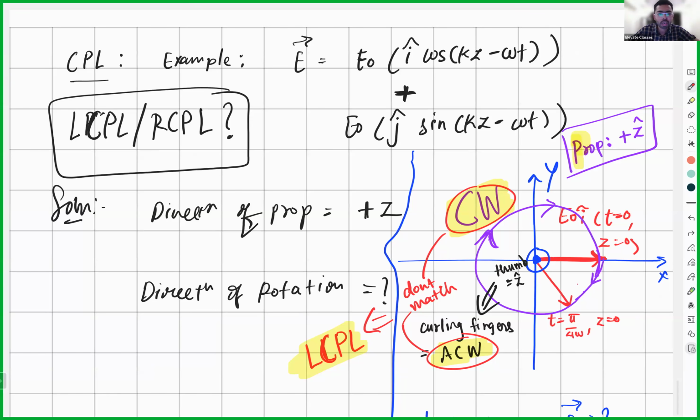Similar convention goes for elliptically polarized light as well. Just the difference is that while rotating, the electric field vector magnitude changes. Okay. So sometimes it is A, sometimes it is B, sometimes it is somewhere in between.